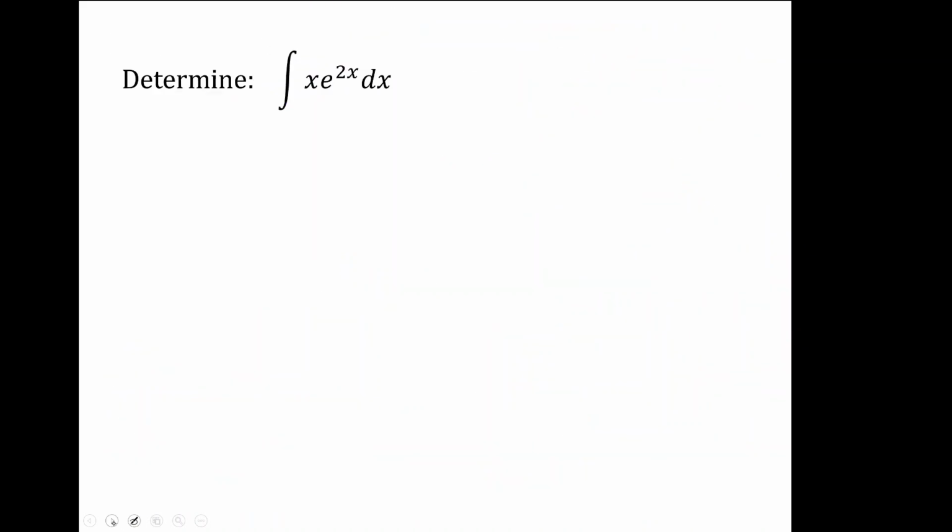Okay. So, for this problem, antiderivative of x times e to the 2x dx. Let's see what the LATE acronym prescribes to us as a course of action. What we have here is we have an exponential, so we have an E, and we have an algebraic, we have an A. The A comes before the E, so we're going to let u equal x.